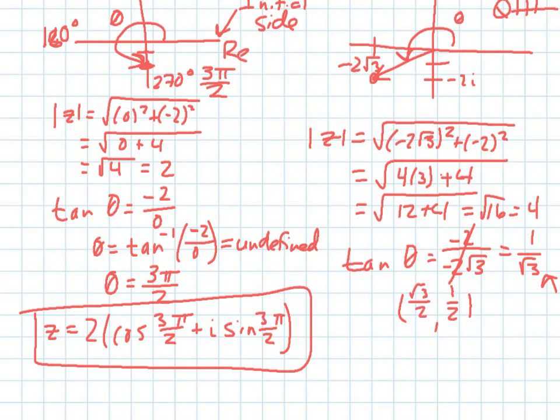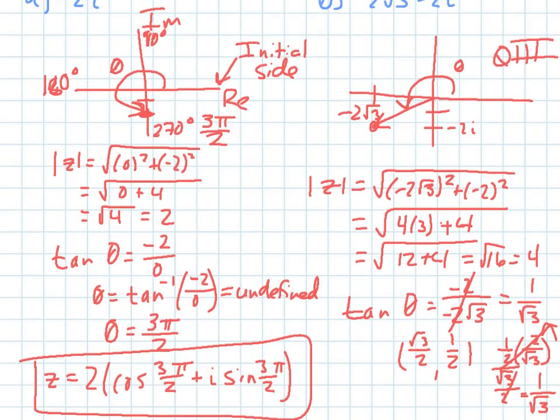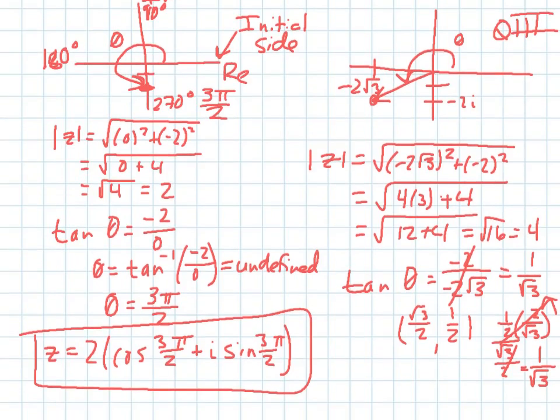When you rewrote tangent for that one, you do your sine over your cosine, and then you multiply by the reciprocal. The 2's cancel out, leaving you with 1 over square root of 3. But since you're in the third quadrant, the angle that gets you that is the one opposite of pi over 6, so if you added pi, it got you 7 pi over 6.